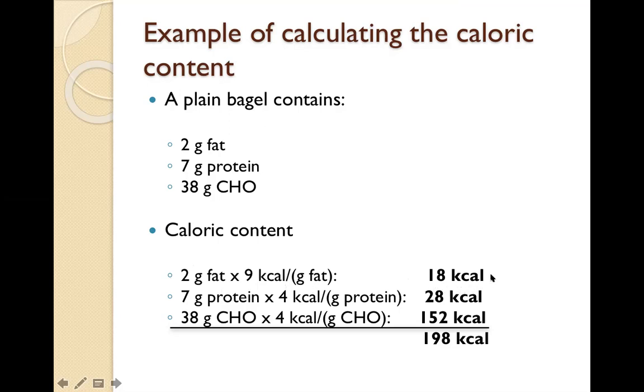So you get 18 kilocalories for the fat component, 7 grams of protein times 4 kilocalories each gets you 28 kilocalories, and the 38 grams of carbohydrate at 4 kilocalories each gives you 152 kilocalories. Then you just have to add them all up, and you'll get just shy of 200 calories per plain bagel. And that's a good rough estimate for how many calories are within a bagel.